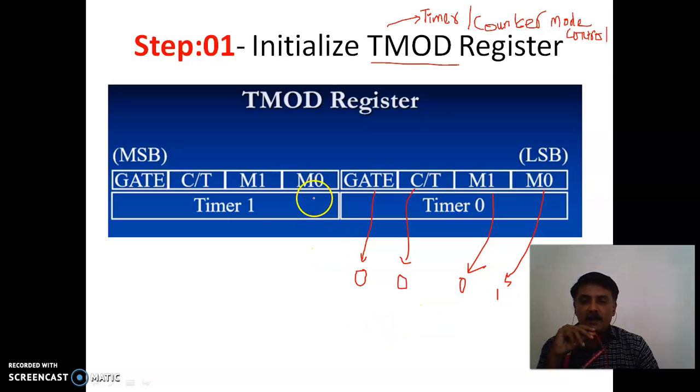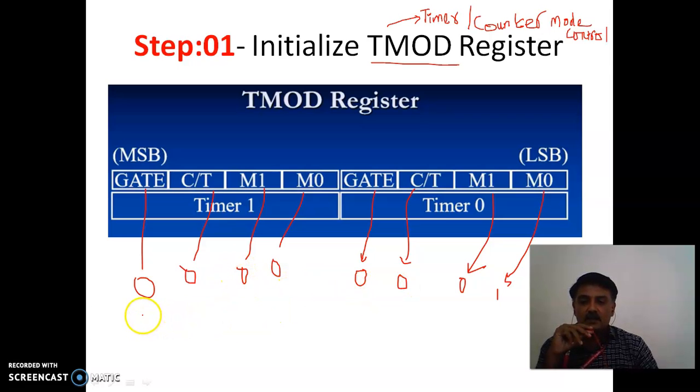The remaining bits are don't care conditions, so we can write them as 0. Don't care actually refers to 0 bits.